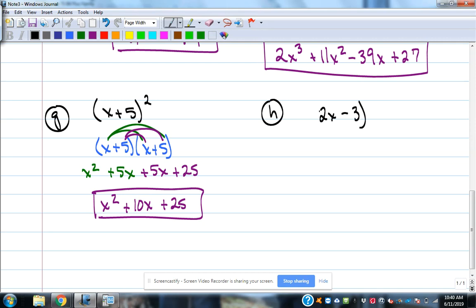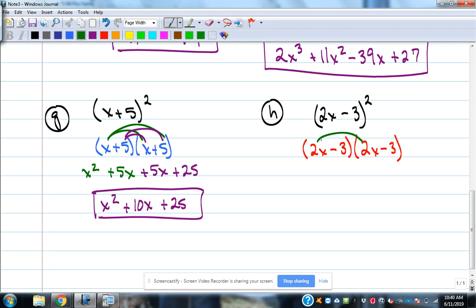2x minus 3 squared. So again, anytime you see that, go ahead and do the extra step of writing it out like this so that you're multiplying two binomials together instead of trying to take a shortcut on this.